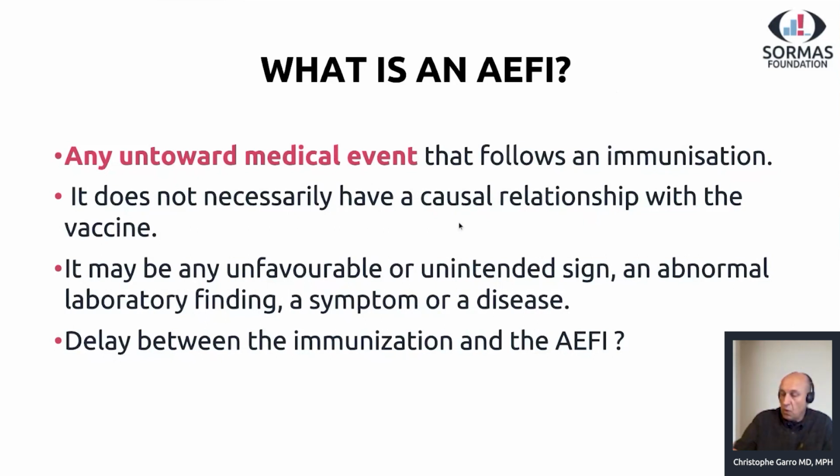vaccination. So the question now is, what is the delay between the immunization and the onset of this event? That will vary according to the kind of event. If we are talking about people fainting after the injection, we'll consider it only if it happens a few minutes, maybe half an hour or an hour after the immunization.